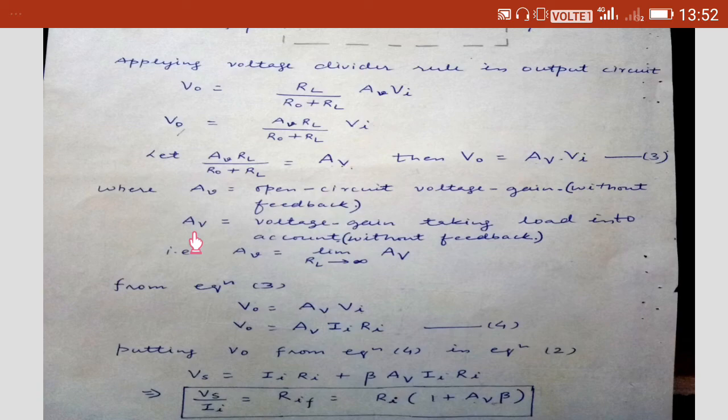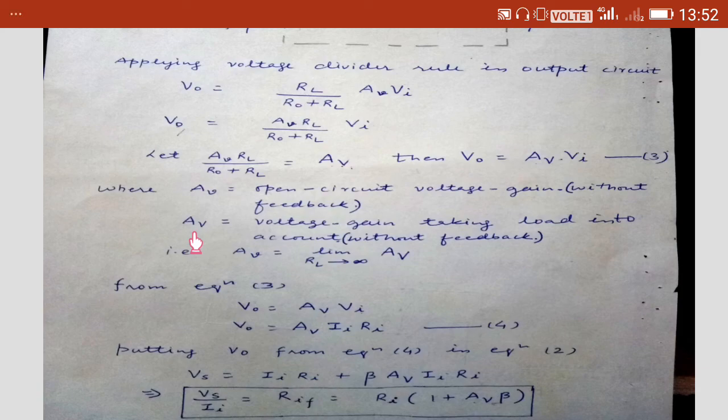Now from equation 3, V0 equal to capital Av into Vi. Vi is basically Ii into Ri, so we can put the value of Vi in this equation. Now V0 will become capital Av into Ii into Ri. This is our equation number 4.